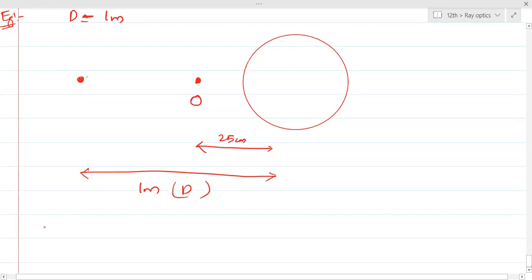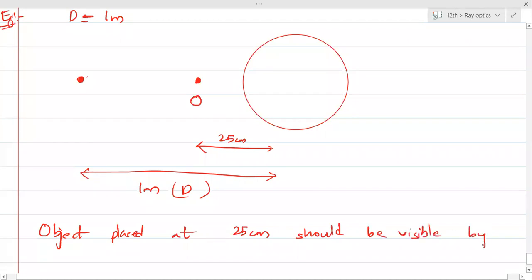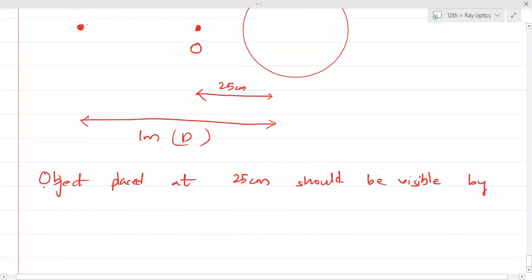Yes or no? The object placed at 25 centimeter should be visible by making use of the lens. That's how the lens should work. Okay?